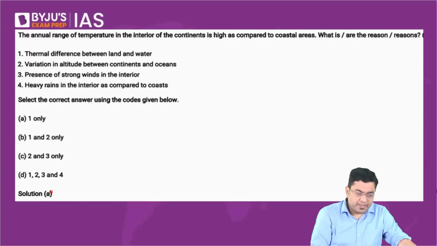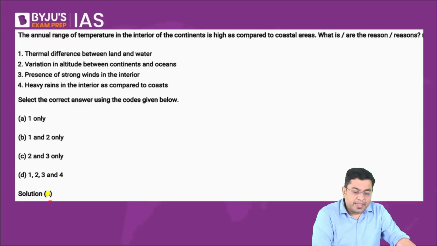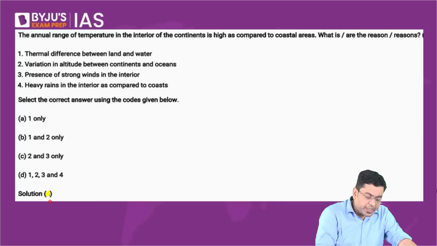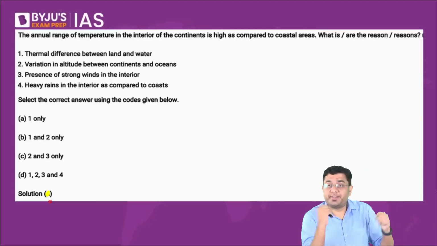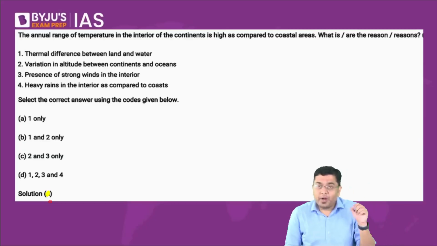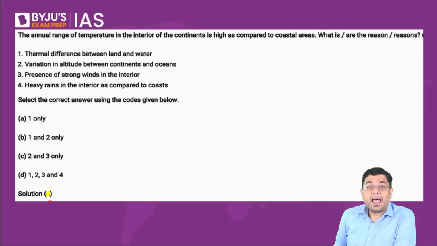Okay. Now, then another one. The annual range of temperature in the interior of the continent. Annual range of temperature means the variation in temperature between the summer and the winter. The annual range of temperature in the interior of the continents is high as compared to the coastal areas.